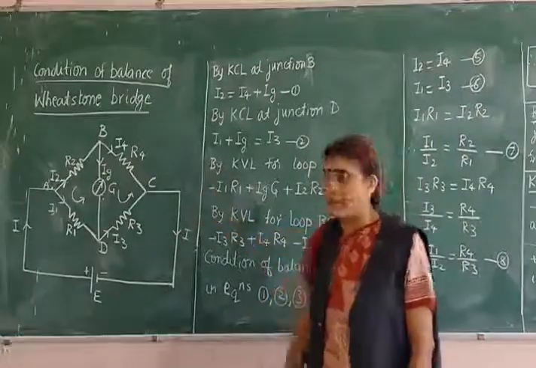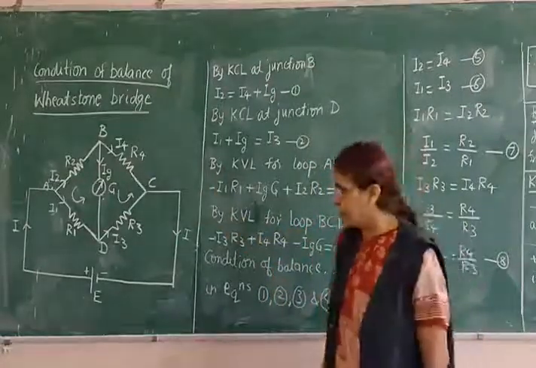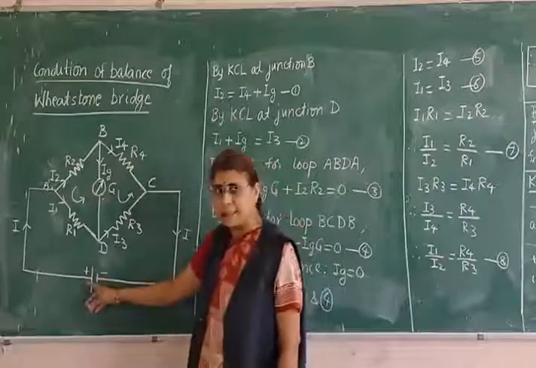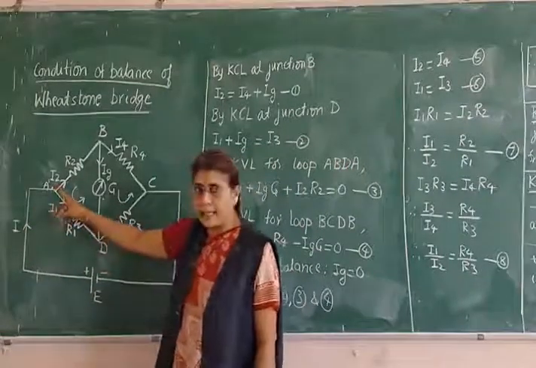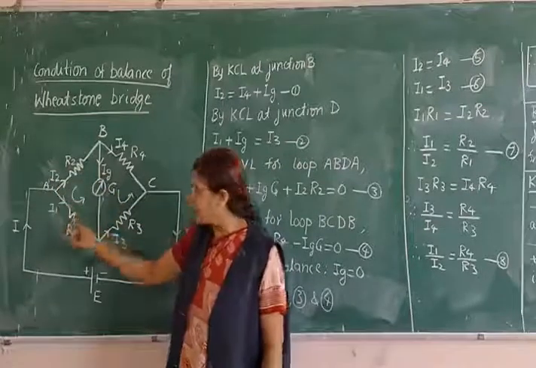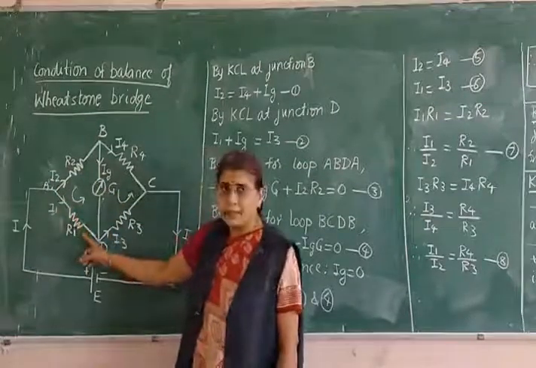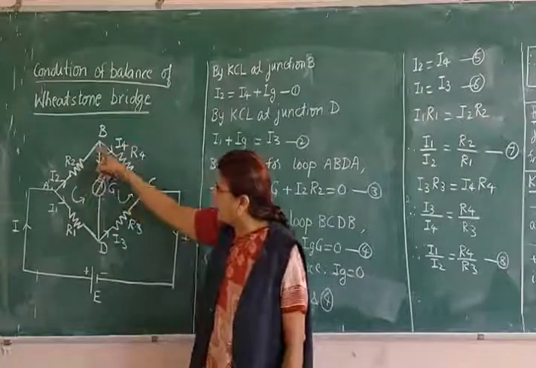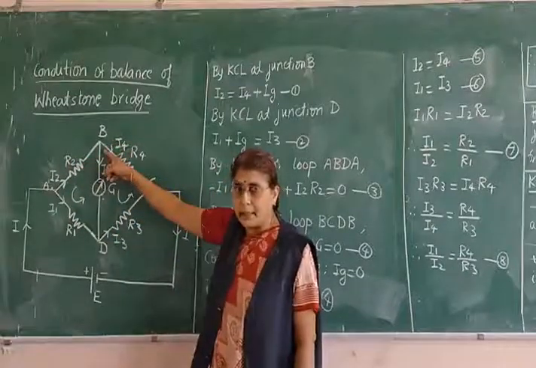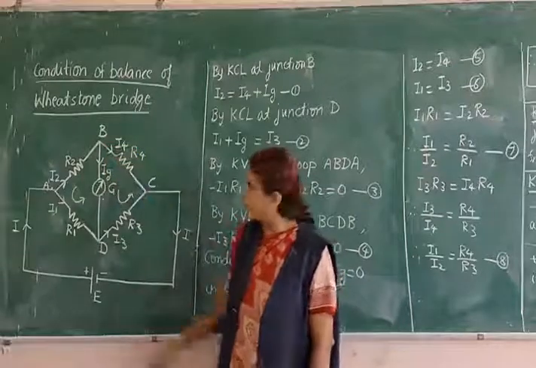Before that, see clearly what the currents are over here. We start with the positive terminal of the battery. Main current is I. The current I comes to the point A. It divides into 2 branches. I1 flows to R1 and I2 flows to R2. Then this I2 comes to the point B. Again it divides into 2 branches.